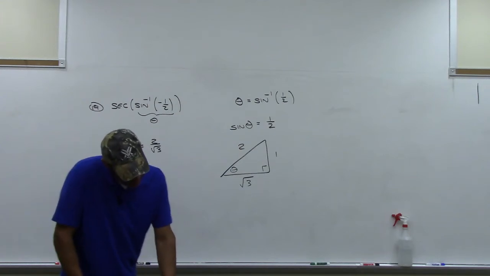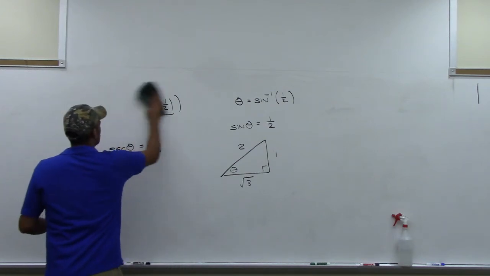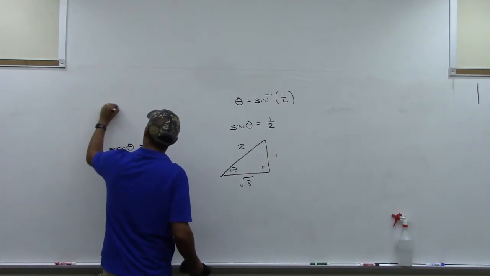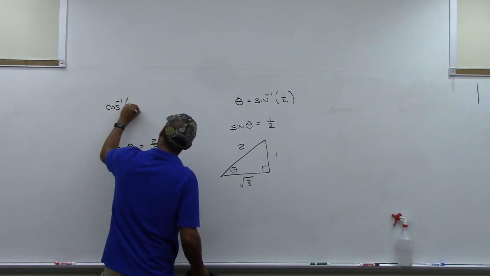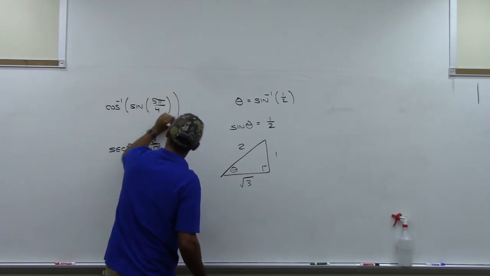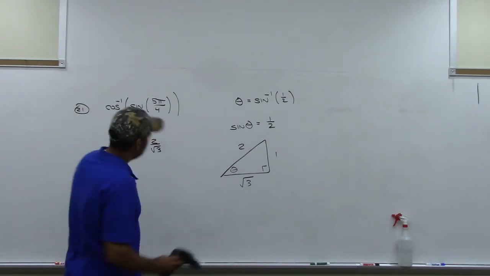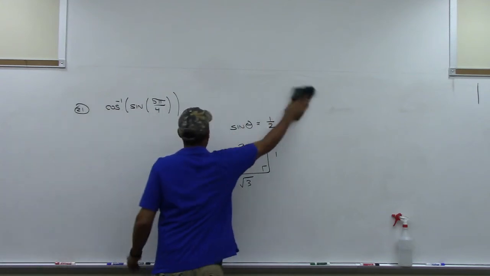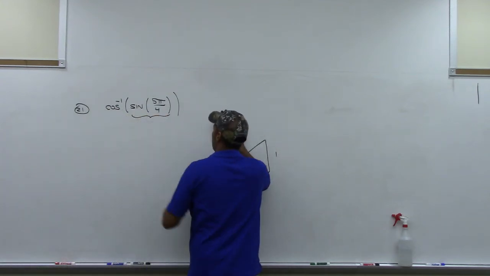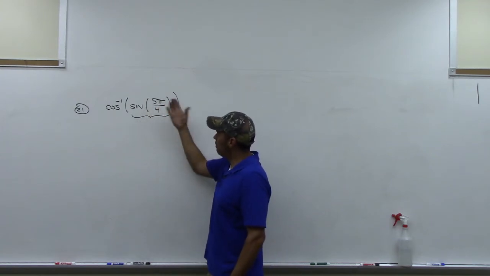21, cosine inverse of sine of 5 pi over 4. Okay, this one's a little tricky. This does not spit out an angle. It spits out a number. Sine of an angle gives me a number.